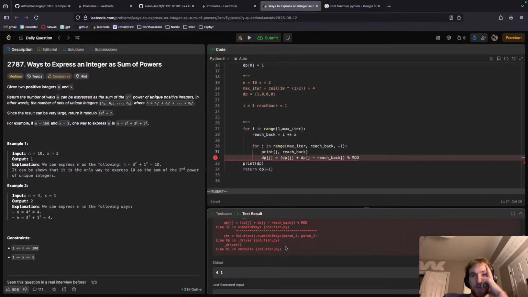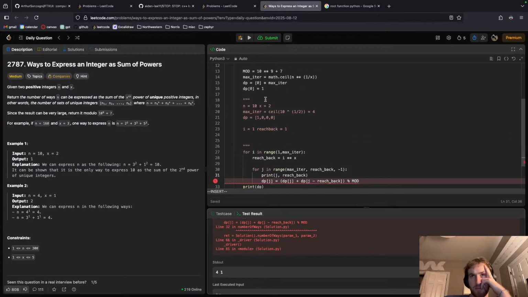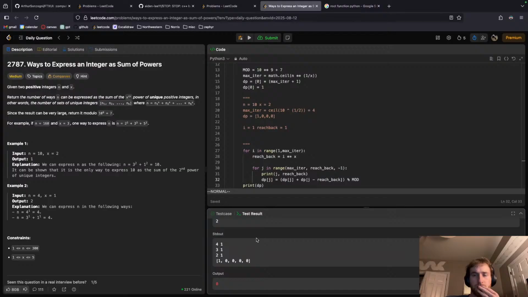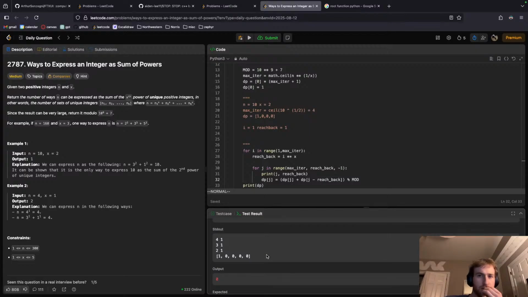Our max iter is 4, which is right. Is it counting down correctly? Is this also supposed to be a +1?